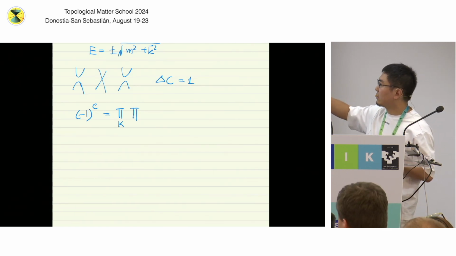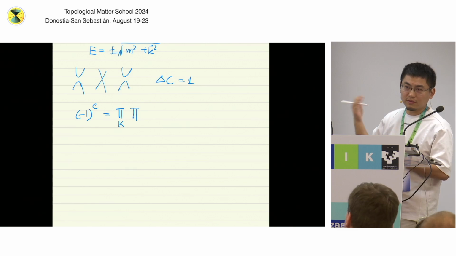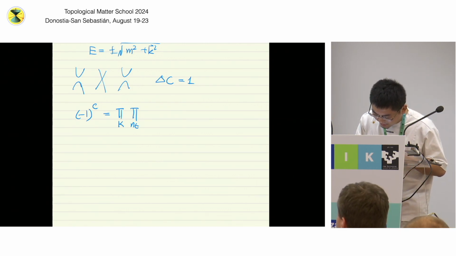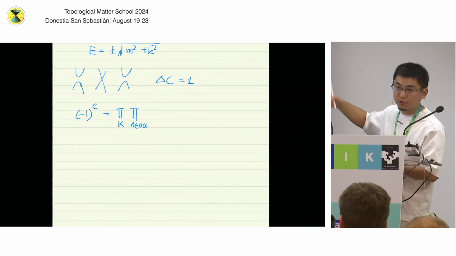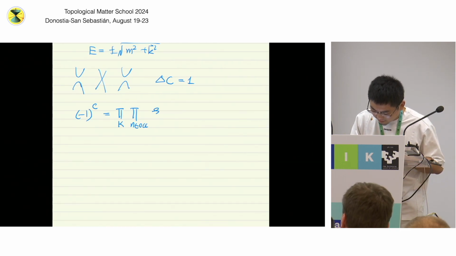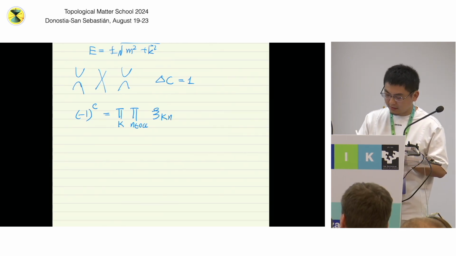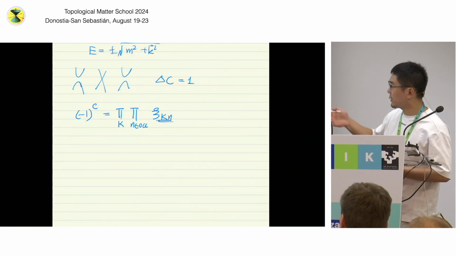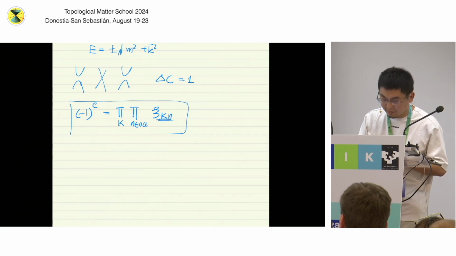Here K goes over all the high symmetry points in the system: gamma, X, Y, and M. N goes over all the occupied bands, and xi_K,n is the parity of the nth occupied band at the momentum K. This can be proven mathematically.